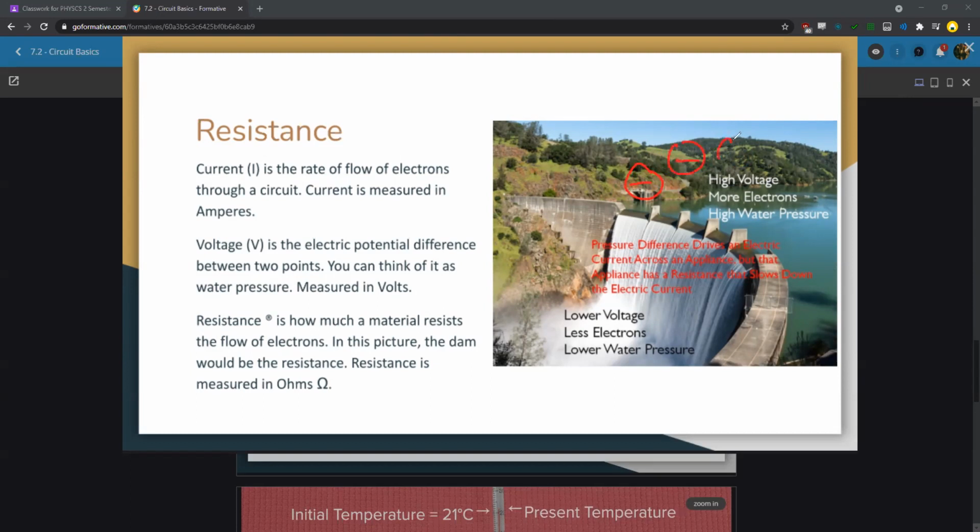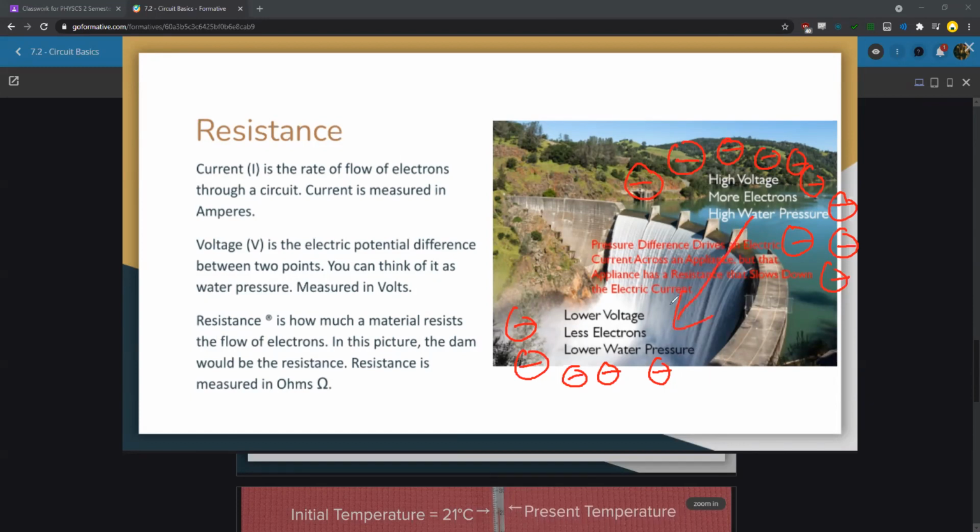So let's say you have a lot of electrons here on the top, so there's a lot of electric pressure. At the bottom you don't have as much pressure. There are fewer electrons at the bottom, which is lower voltage, lower pressure. What's going to happen is that the electrons are going to go from high voltage to low voltage.